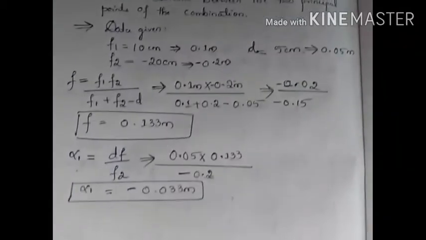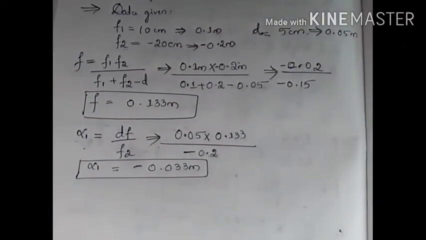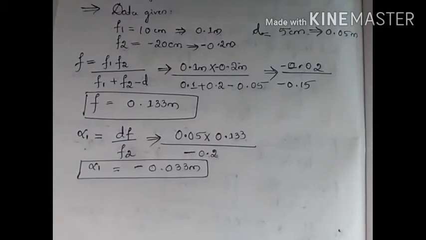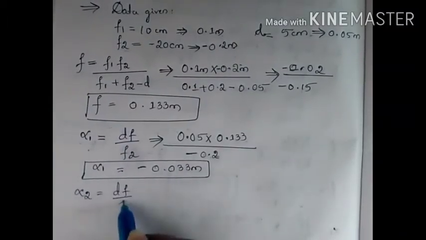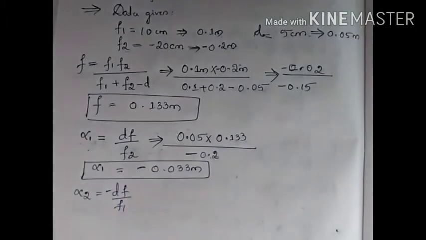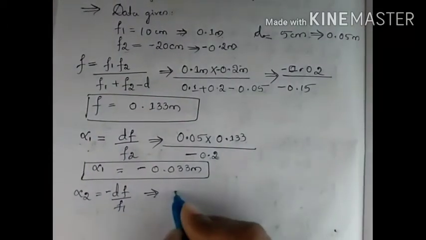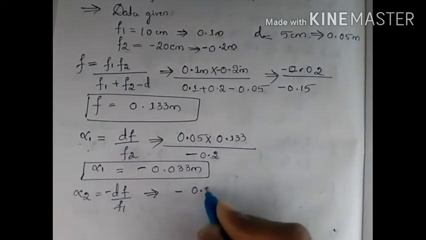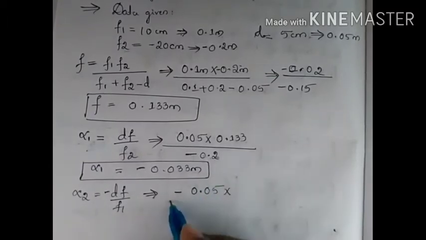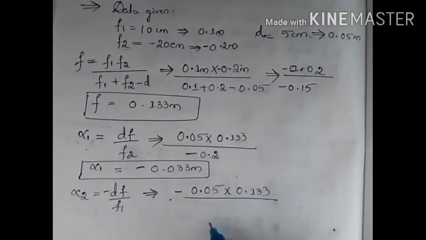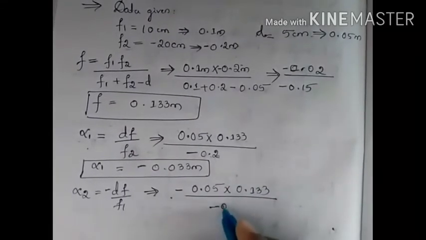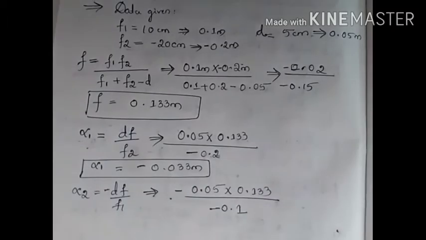So alpha 1 is the position of the first principal point. Now let us find the position of the second principal point. That is, alpha 2 is equal to minus df by f1, which is equal to minus 0.05 multiplied by f, 0.133 divided by f1, which is minus 0.1.